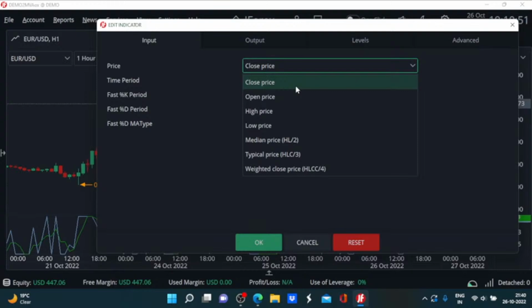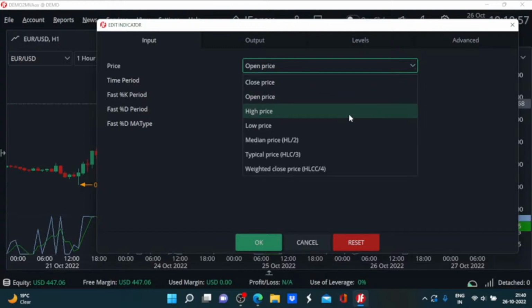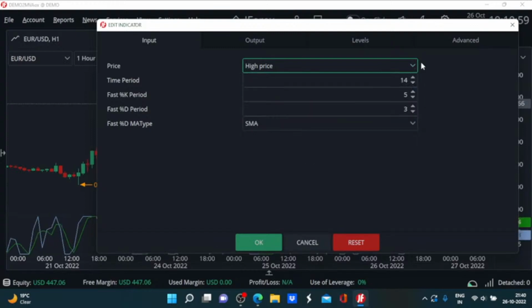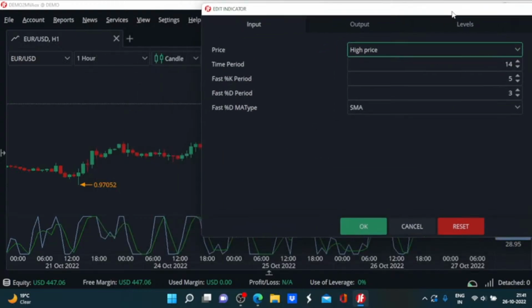So here, if you want to vary this applied price, then you can do that. And depending on what kind of applied price you use, you are going to see varying results for the plotting of this indicator, the stochastic RSI indicator.